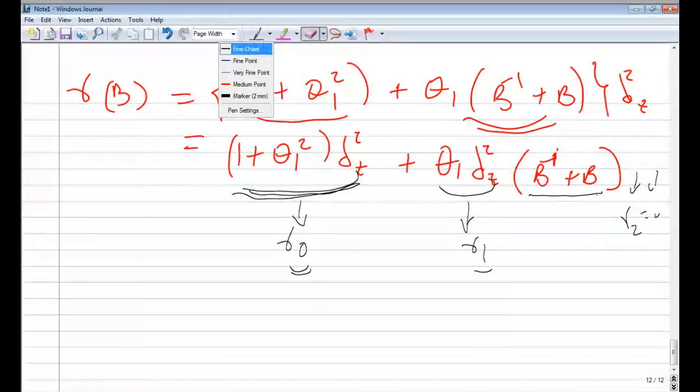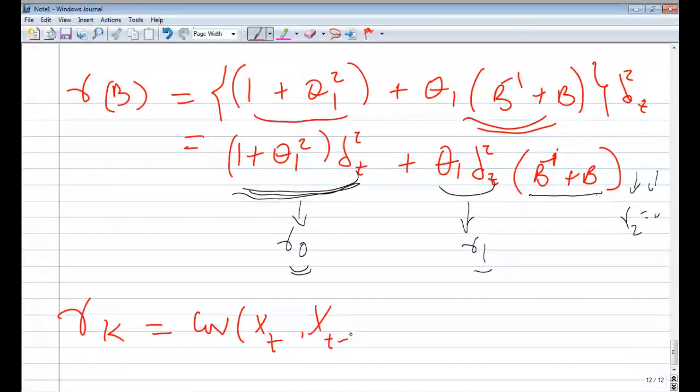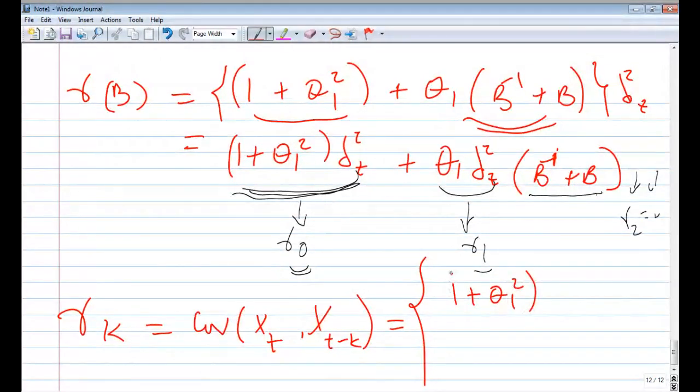So the final answer now becomes: gamma k, which is the covariance of x t and x t minus k, is equal to, for gamma 0, 1 plus theta 1 squared multiplied by sigma squared Z. That's gamma 0.